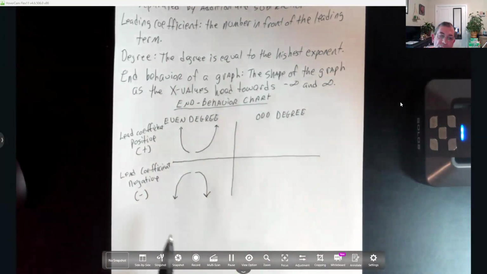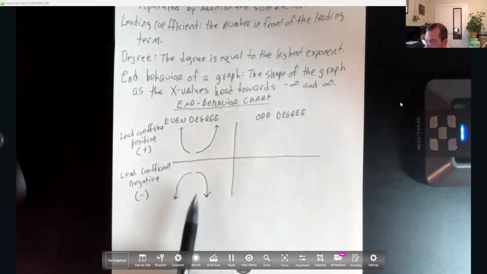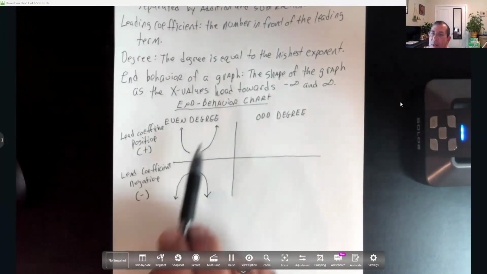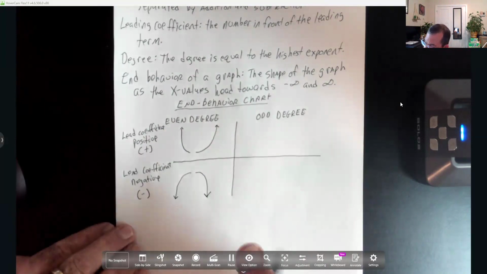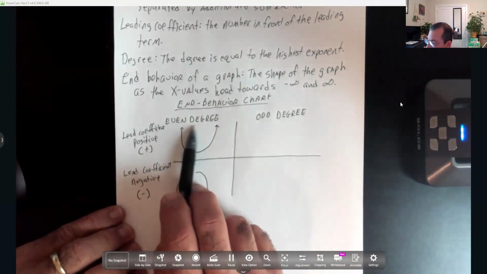So that's what happened when we did the negative x squared graphs, right? They flipped over and we had maximums. When it was positive x squared graphs, we had minimums. So that's the two cases if your degrees are even exponents.